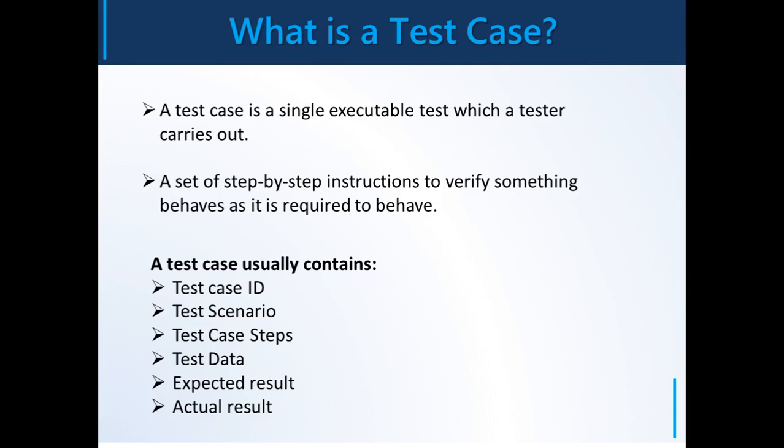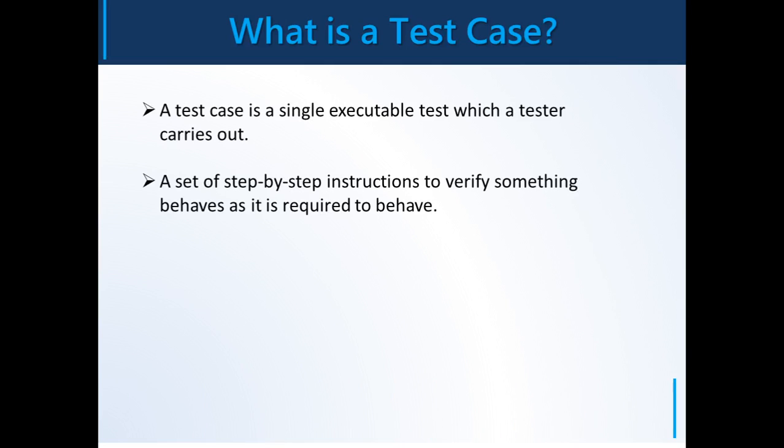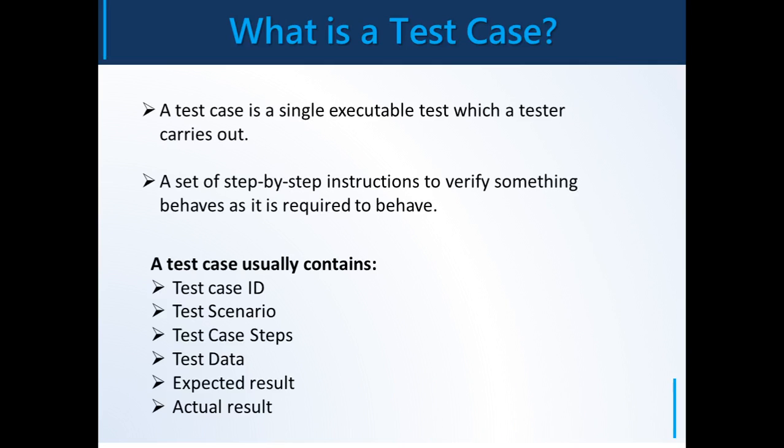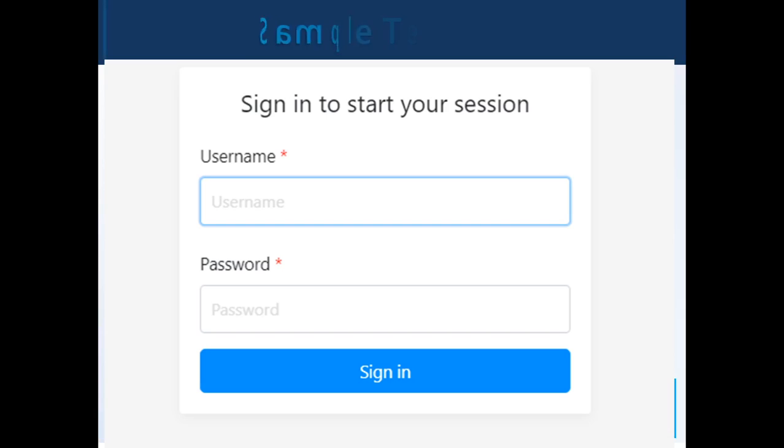With your experience you determine what kind of output the system will give, and with this the tester will determine if the test case is pass or fail. For example, if we are going to test a simple login page, we have a username and password and a sign in button.